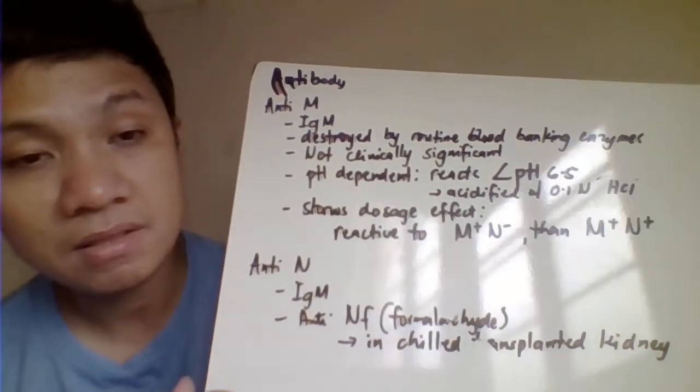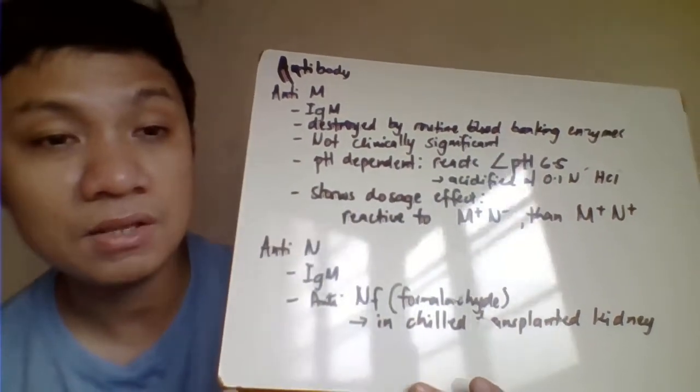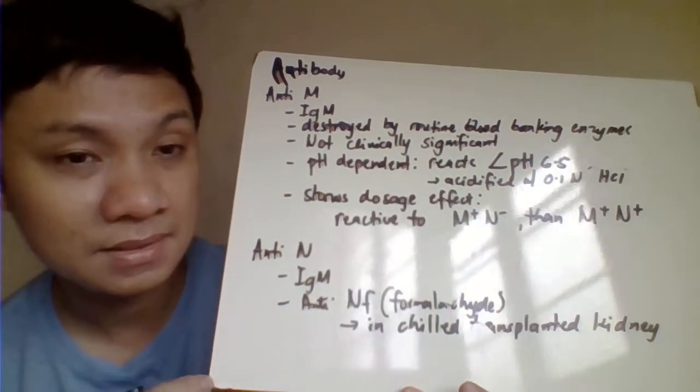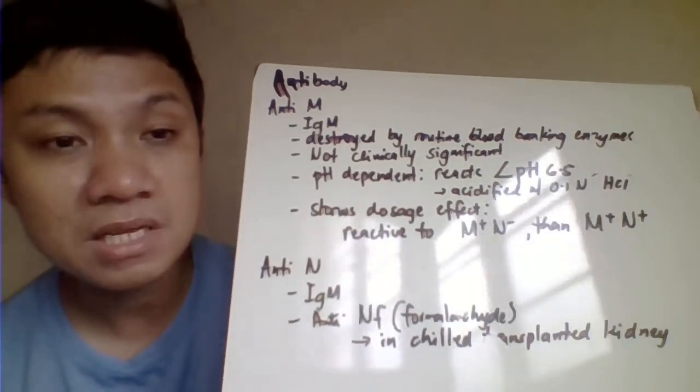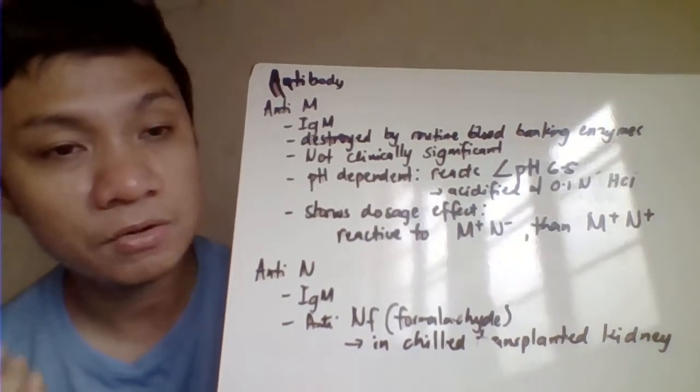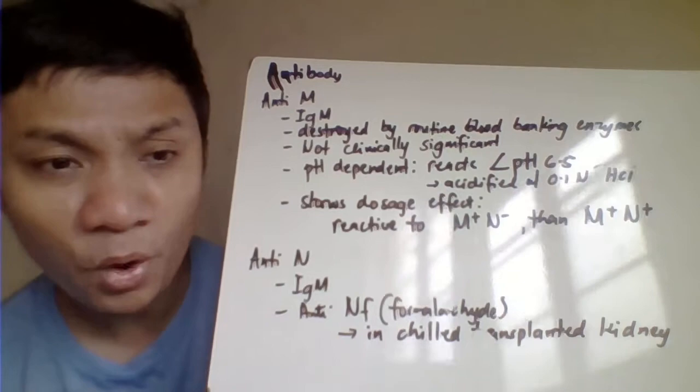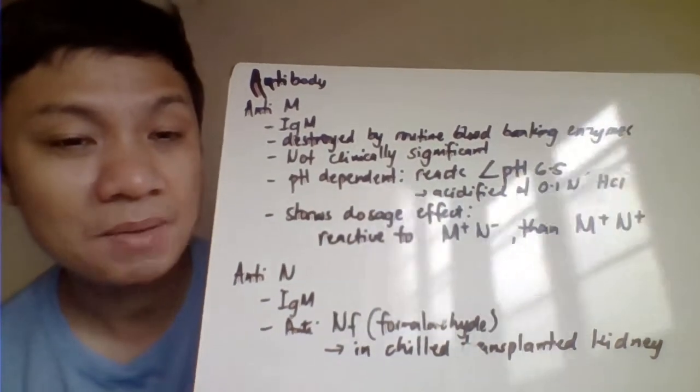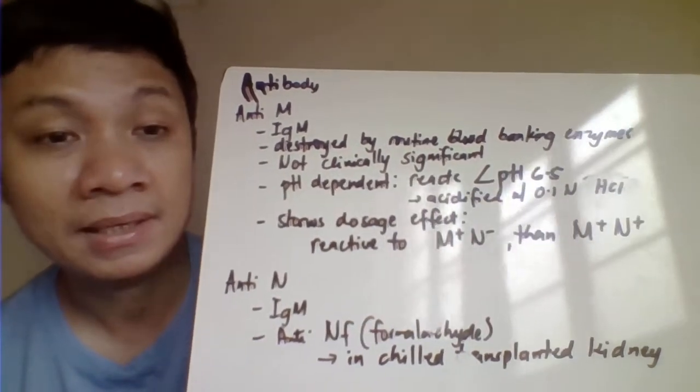We also need to identify our blood groups in terms of the activity of enzymes. With enzyme treatment, we're talking about routine enzymes like trypsin, papain, and bromelain. Those are the routine enzymes we refer to.